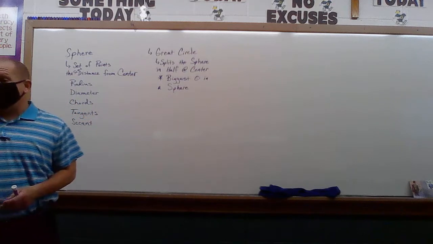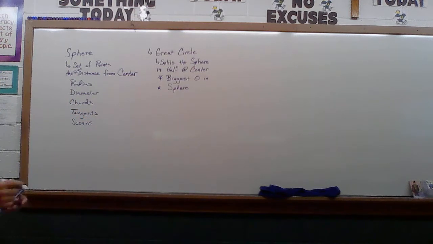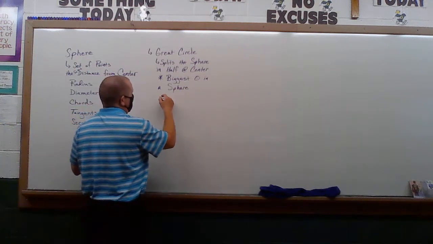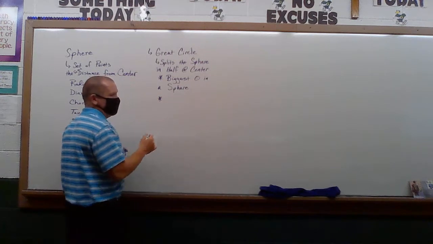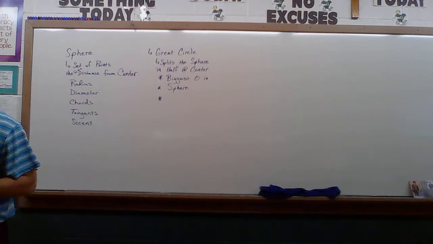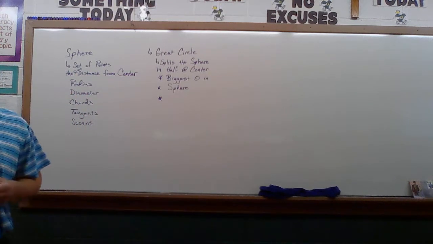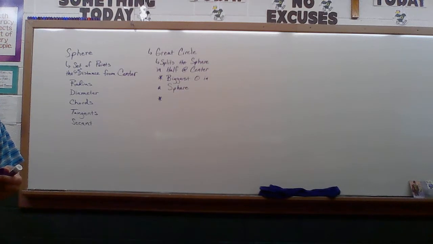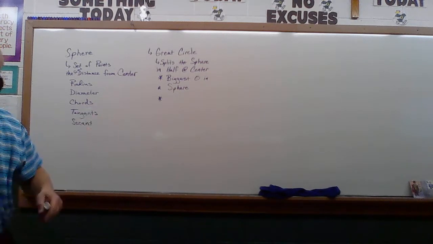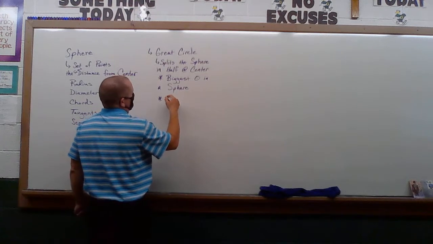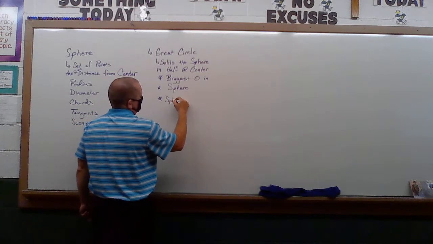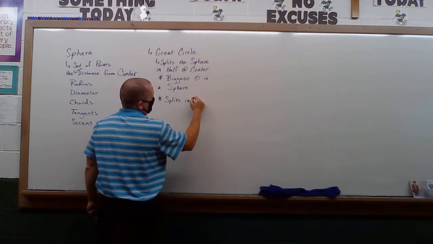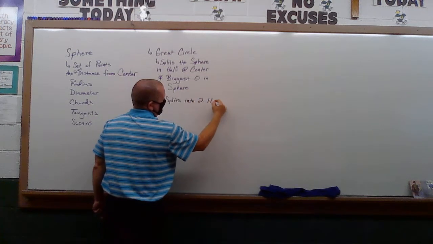And if we cut it dead in half, we would call each half a what? Okay, it's going to cause a semicircle, but we would call it a what? Think about the globe. A hemisphere. Awesome. So this splits into two hemispheres.